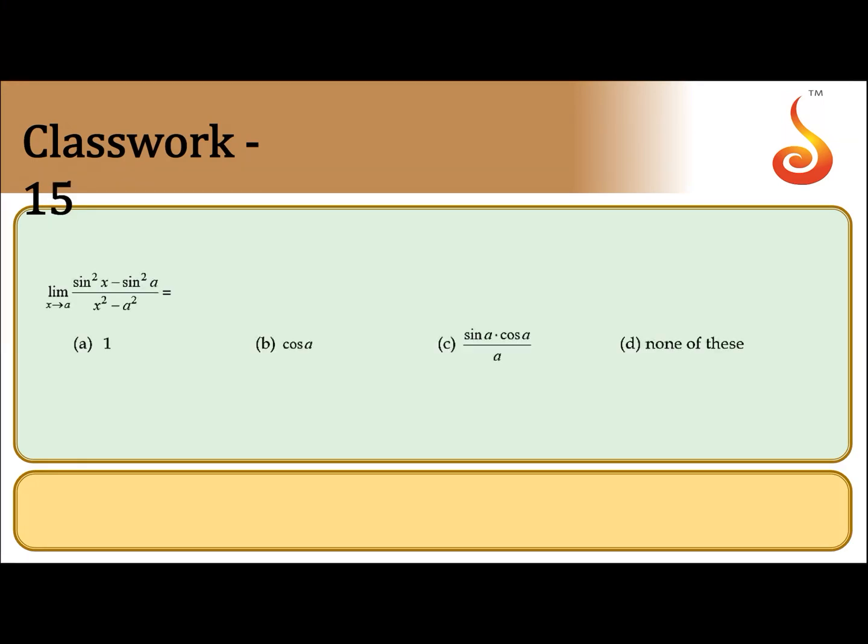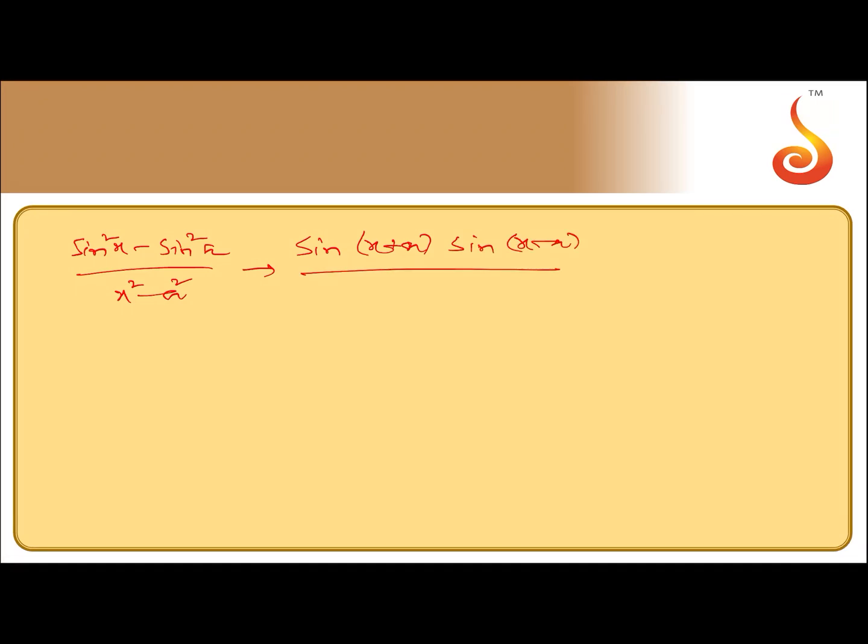Coming to 15th one. Sin square x minus sin square a divided by x square minus a square. So why don't you just apply the trigonometric formula? This is nothing but sin of x plus a multiplied by sin of x minus a, divided by, when you factorize the denominator, x plus a multiplied by x minus a.